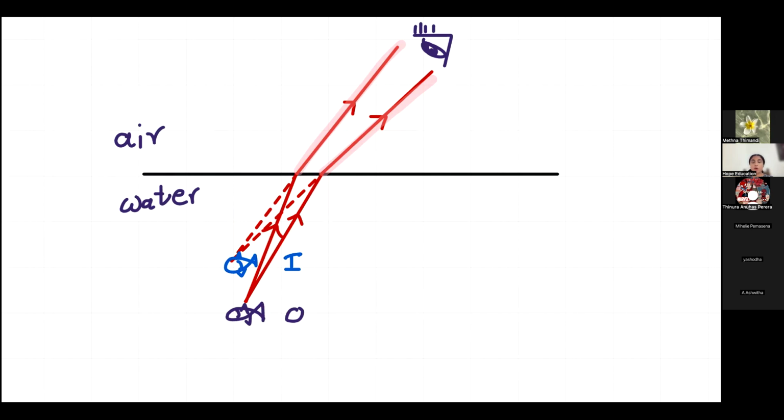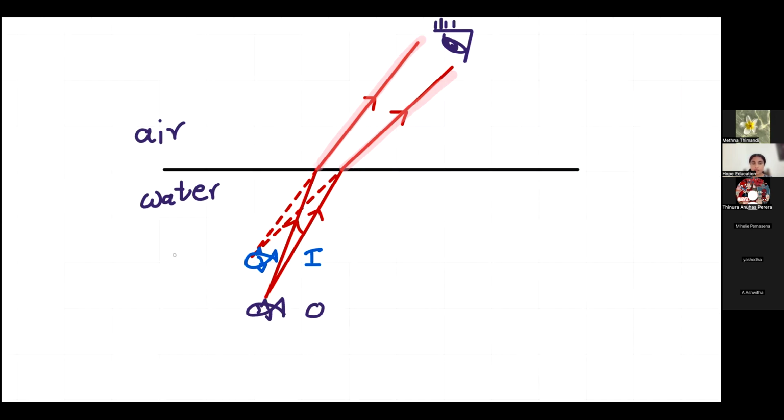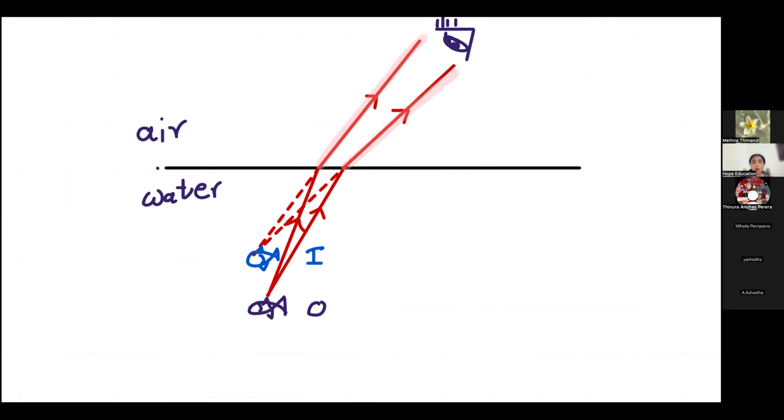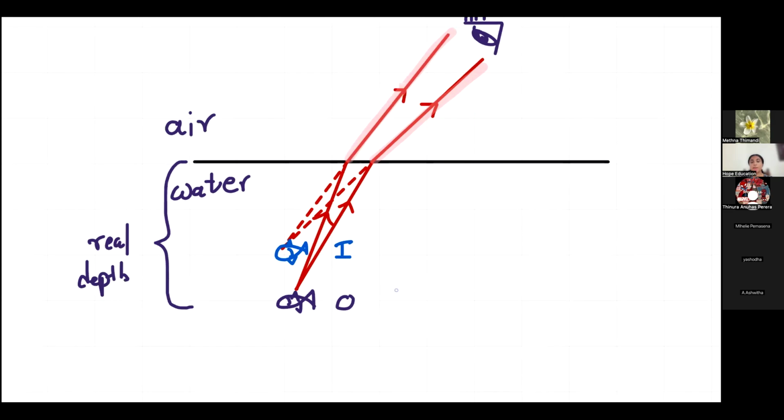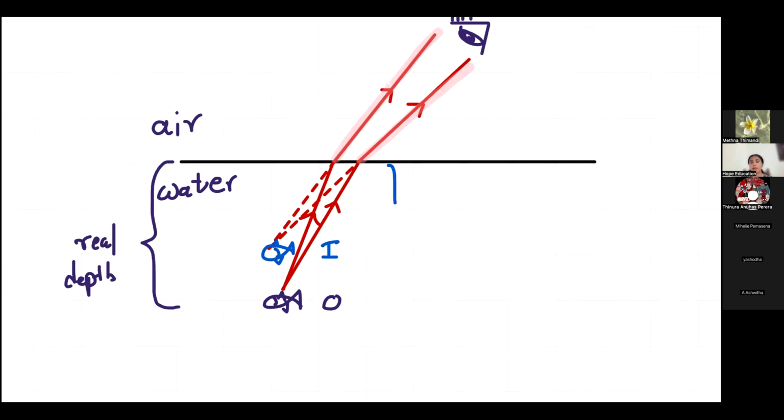From the water surface to the object, that depth we call the real depth. From the water surface to the image, we call it the apparent depth, because that's a false depth. The fish is actually here, but to us the fish seems to be here.